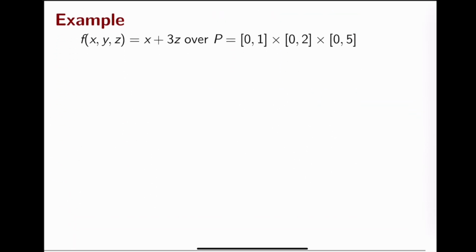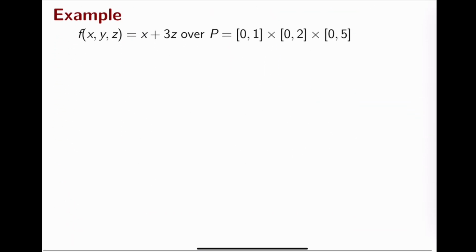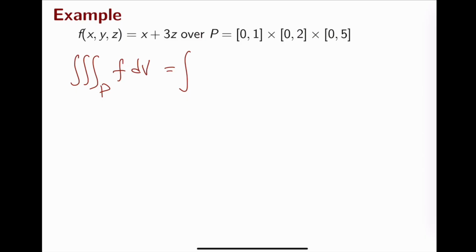So for example, let's calculate a triple integral of this function, in this case of 3 variables, where the prism is given by this: the x varies between 0 and 1, the y between 0 and 2, and the z between 0 and 5. And so the triple integral over this region of this function dV is going to be equal to, and we do the integral in any order according to Fubini's.